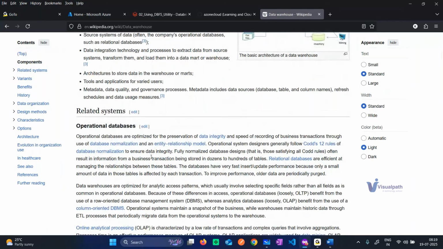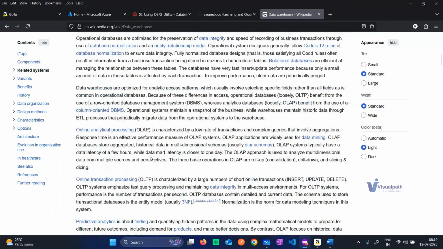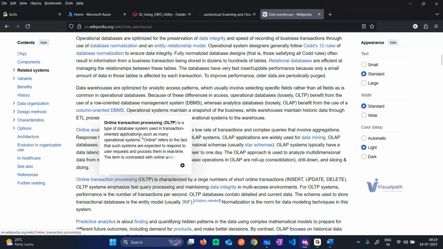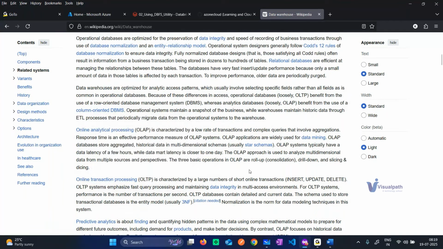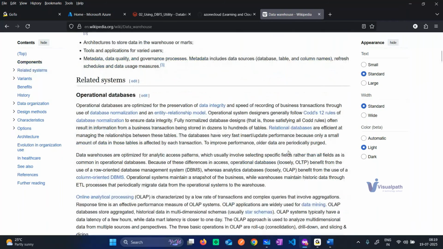If you go through the Wikipedia documentation and analyze it, you will see that OLAP and OLTP are mentioned here too. You will realize that these data warehouses are specially designed to handle your relational databases.